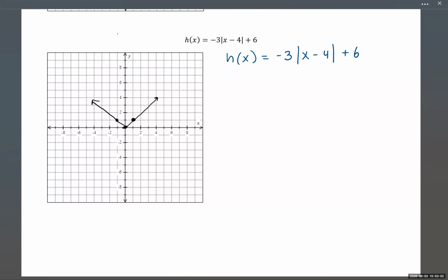And I'll try to point out everything that's happening here. So this function, we'll start with a negative sign. It's reflected. And then it's got a 3 in front of the absolute value bars. It's also been stretched by a factor of 3. This is a vertical stretch.